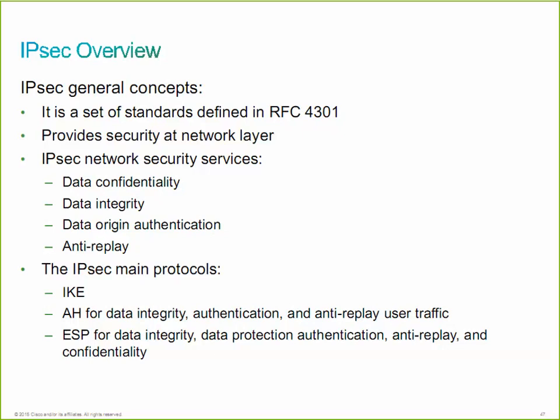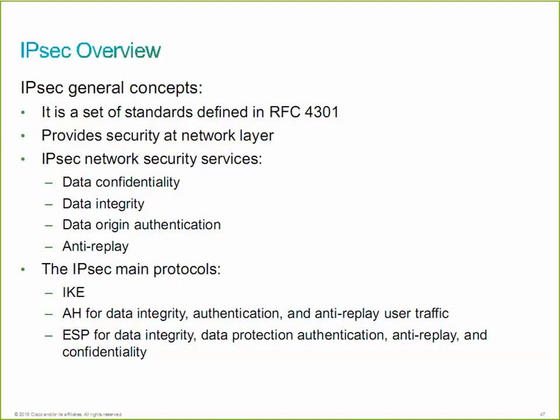An SA is basically just a simple description of the current traffic protection parameters, like what kind of algorithms am I going to use? What are the keys that I'm going to use? How am I identifying what traffic is going to be encrypted and what traffic is not encrypted, and so on. All these different traffic protection parameters that get applied to our specific user traffic flows are part of this SA description.